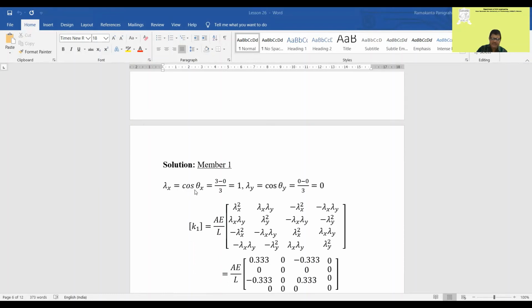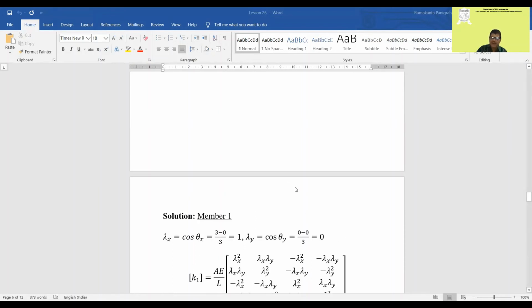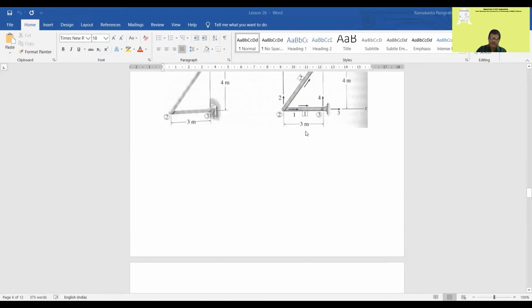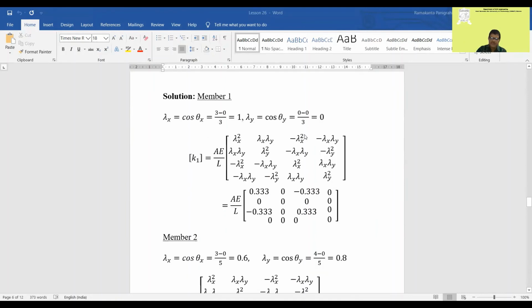Lambda x is cos 0, which is 1, and lambda y is 0 for member 1. For each member, we have to find the values of theta x and theta y to put in the stiffness matrix for the global direction. In global x and y, taking all global, not local, coordinates 1, 2, 3, 4, 5, 6.